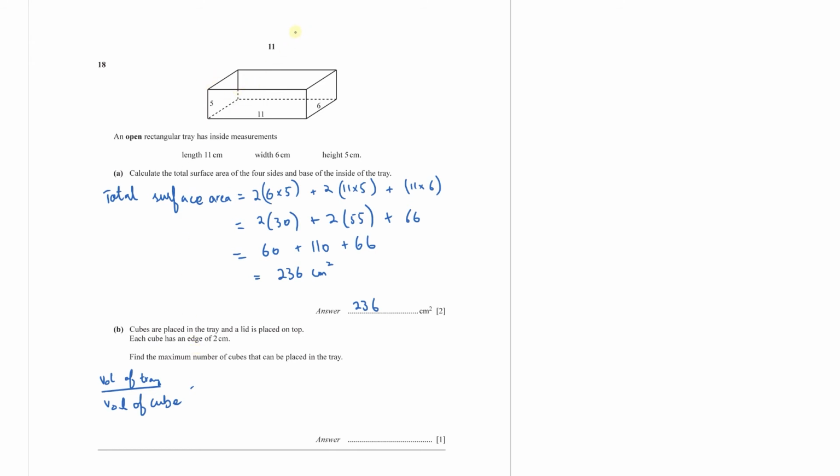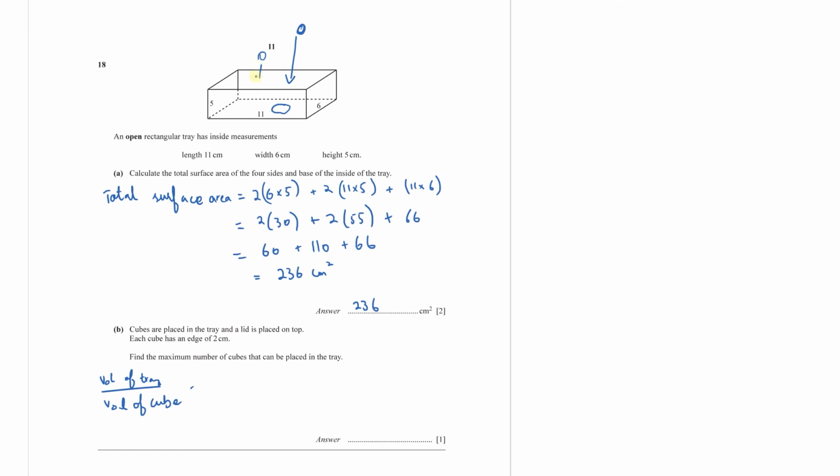Let me show you. So I remember in one of the other papers, there was a similar container, and you had to calculate the number of raindrops that could accumulate and fill up the tank. So since the raindrops were given as spheres, in that case you could divide the volume of this tray or container by the volume of one raindrop, which is basically volume of a sphere, because in that case the raindrop is a liquid, and as soon as it falls down into the box, it spreads out.